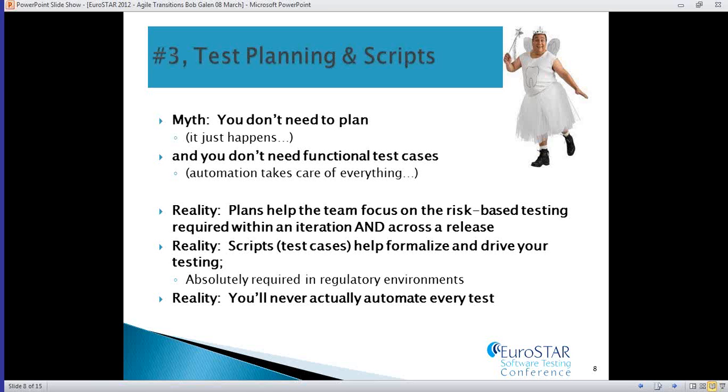So I think in terms of two levels of test planning, there's iteration test planning, and then if you're accumulating iterations towards a release event, then you think about release planning. So how am I testing across multiple iterations and teams, leading towards an integration event and a regression event or a system test event leading towards a deployment or a release of software.